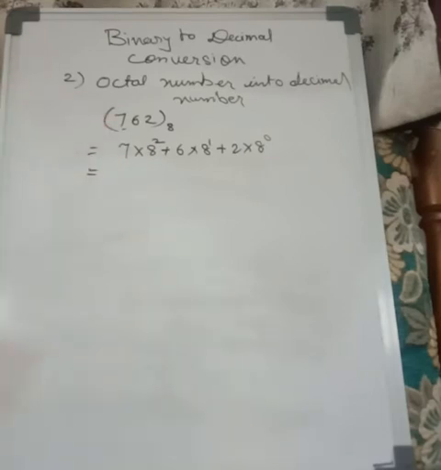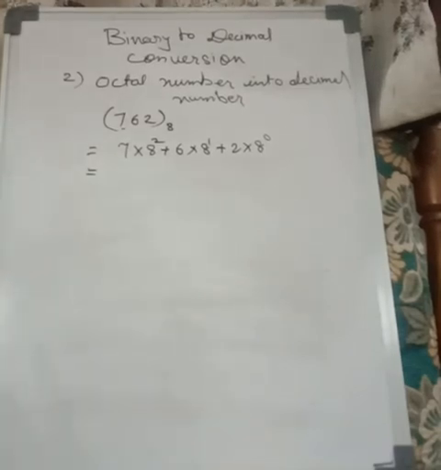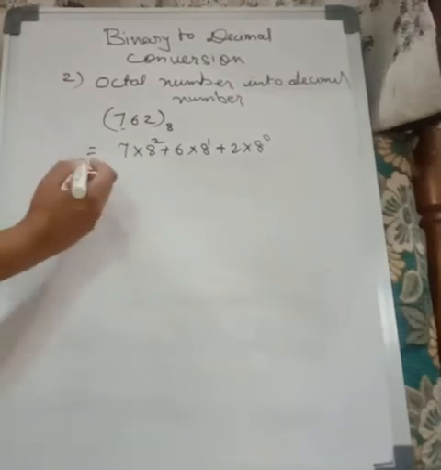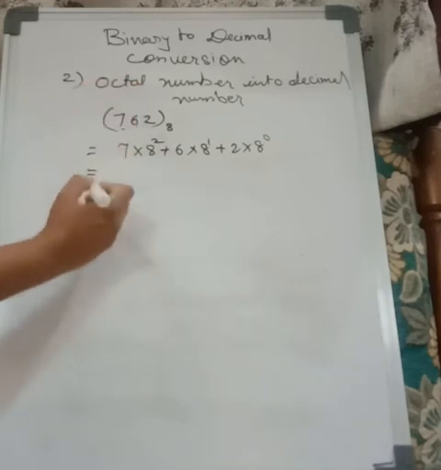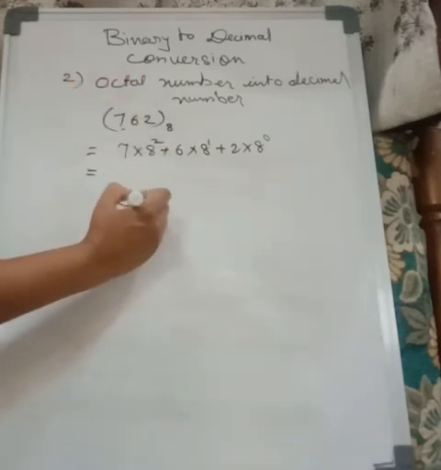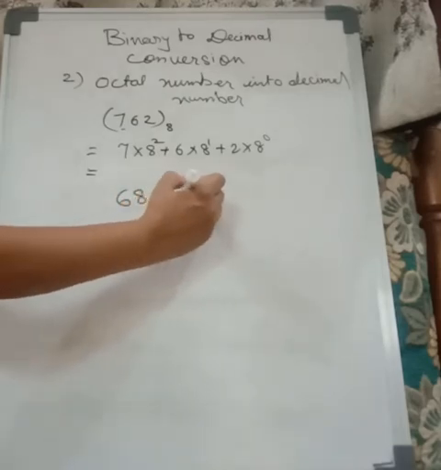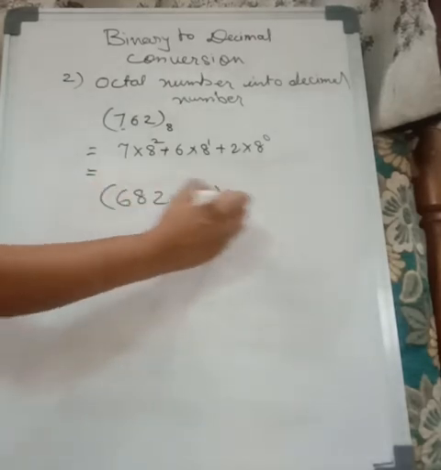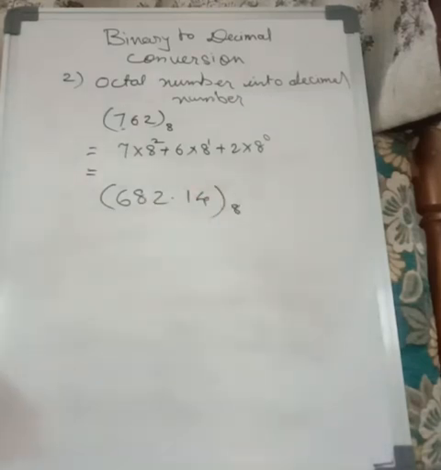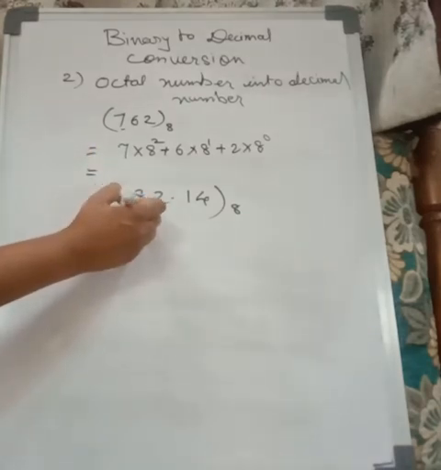Further, very similar to the binary number, suppose we have 682.14. This is the octal number, and we need to convert it into a decimal number. Similarly, here we have 3 digits, 682.